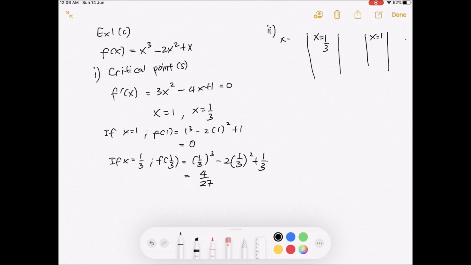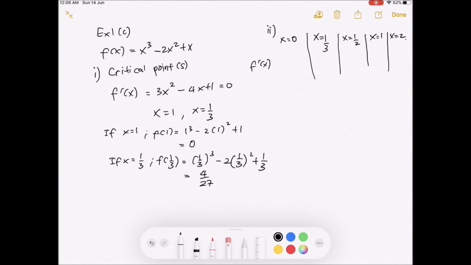So let's take x equals 0. Here we take x equals 1/2, and here x equals 2.